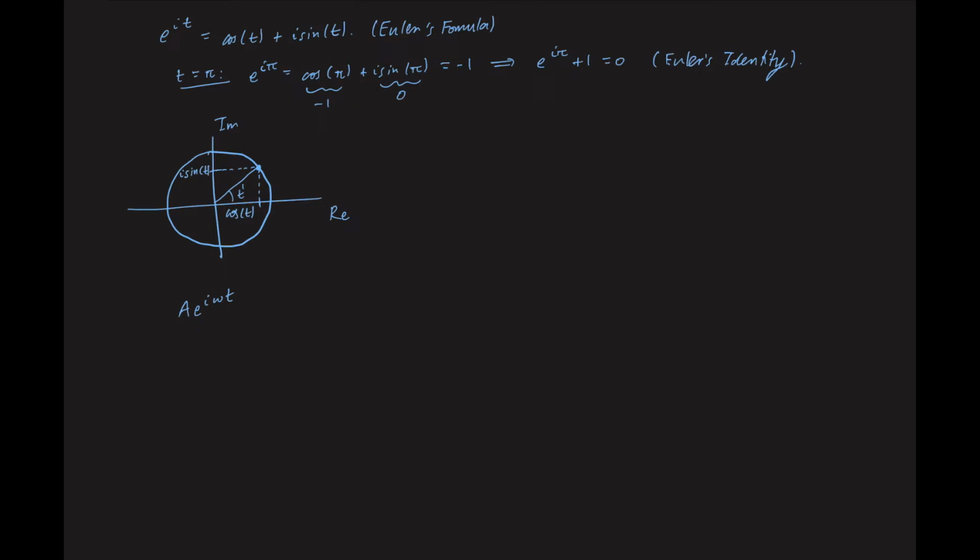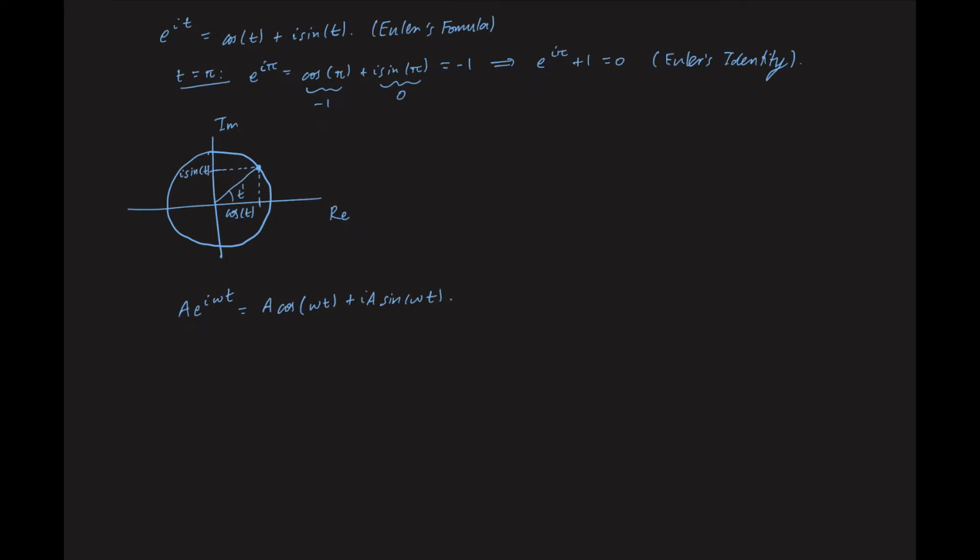So let's take a look at this particular complex exponential. We can write this as a cosine omega t plus i times a sine omega t.